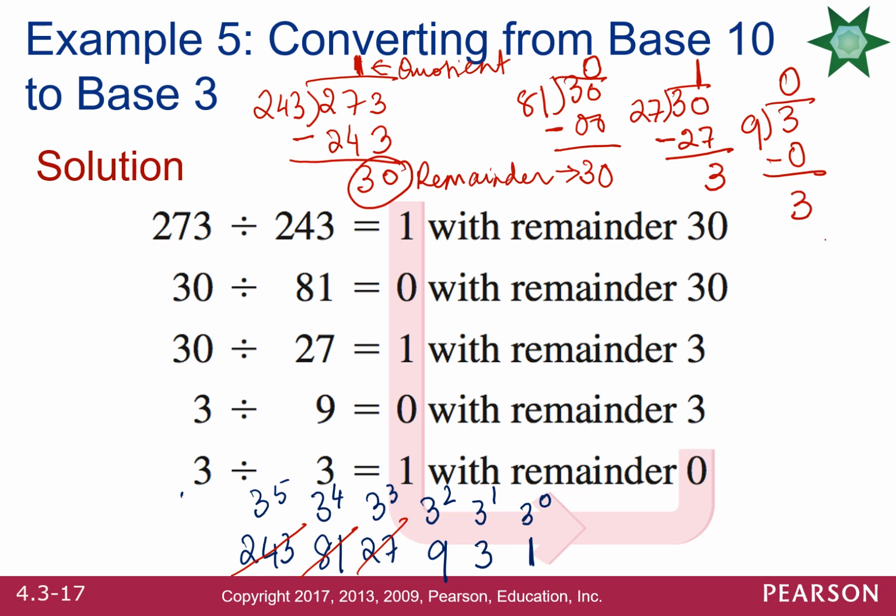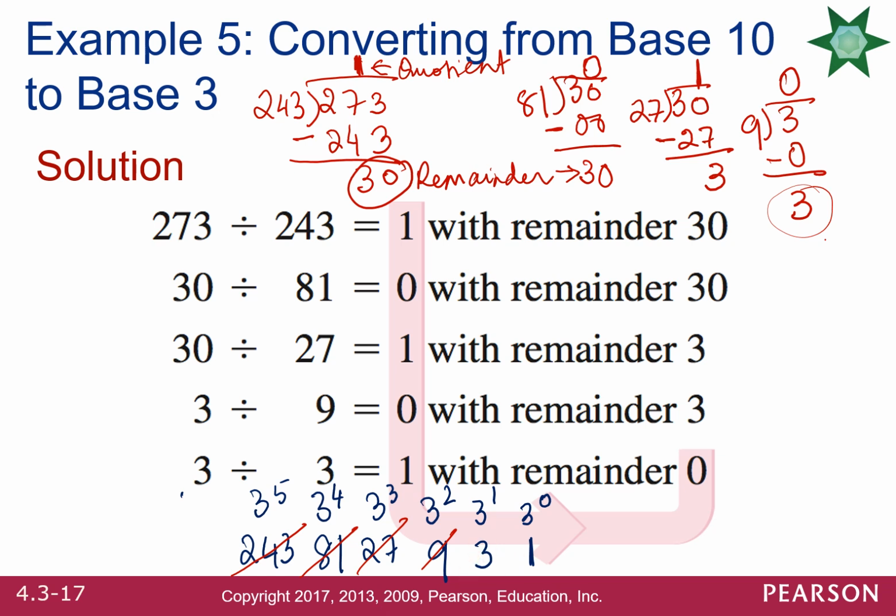So far the result of this division is written as 3 divided by 9 is 0 with remainder 3. All right, let's do the last division here. We are done with 9. Now we have to divide this remainder 3 by this 3 here.